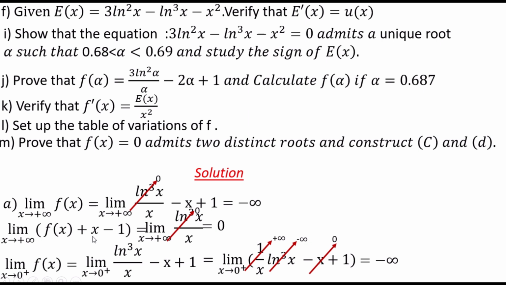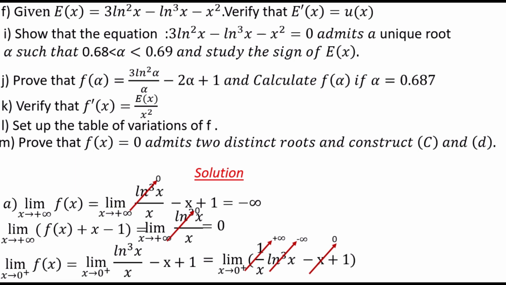Y equals minus x plus 1 is an oblique asymptote, because the limit of f of x minus yd is 0, where yd is minus x plus 1. And the limit of f of x as x goes to 0 equals minus infinity. This means the curve of the function f admits a vertical asymptote x equals 0.